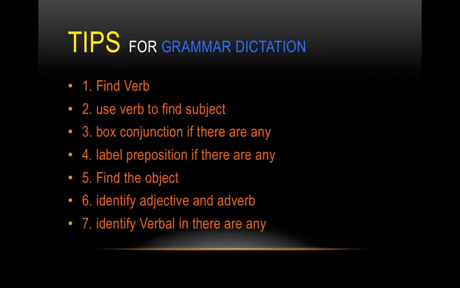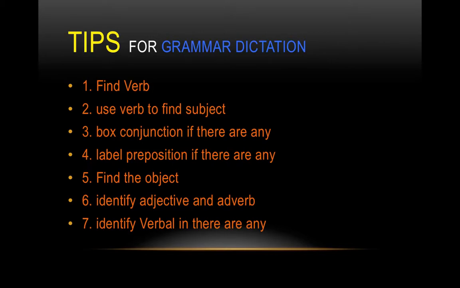You will just find who or what is performing this verb, and the one that is performing the verb will be the subject of the sentence. And after we find our subject, we will check if there are any conjunctions, and if there are, you will just box them and check if the sentence is parallel or not.